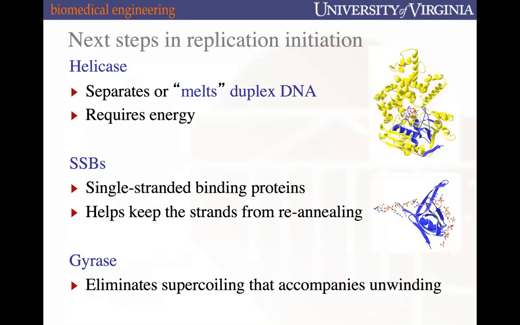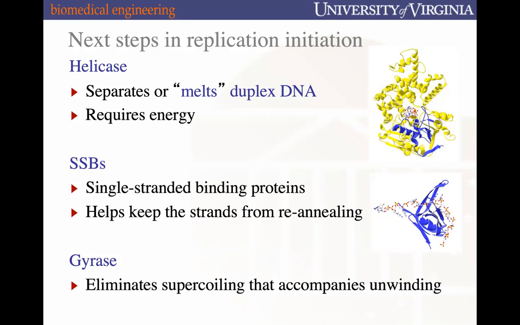So as we described, helicase separates the DNA, but as you can imagine, once that DNA is separated, if replication is not happening yet at that site, there's a thermodynamic instability.